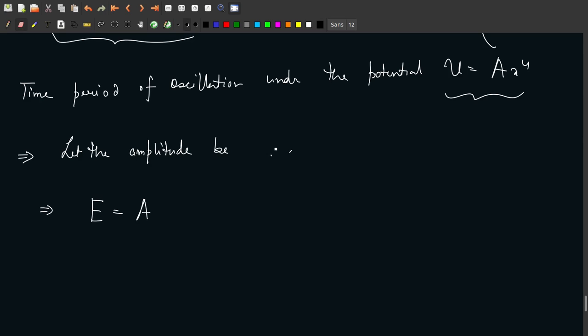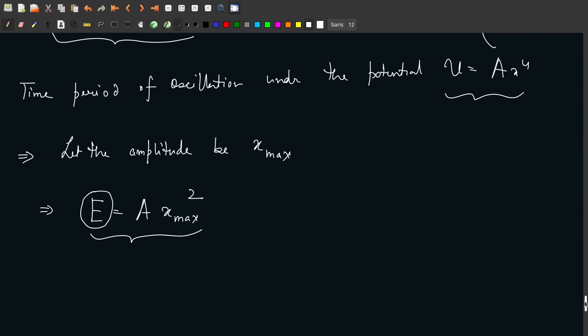I should not have used a here because I'm already using a's here, so let me use x max. So this is your energy, because at the turning points the energy is totally potential and there is no kinetic energy.